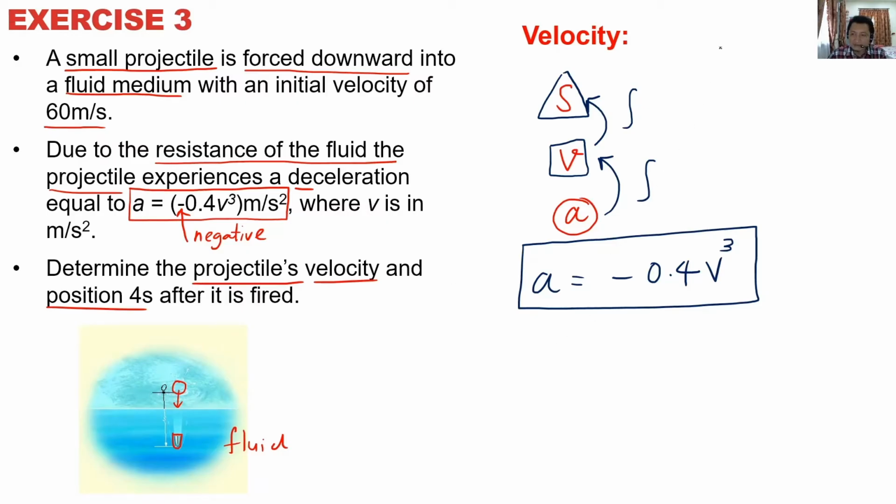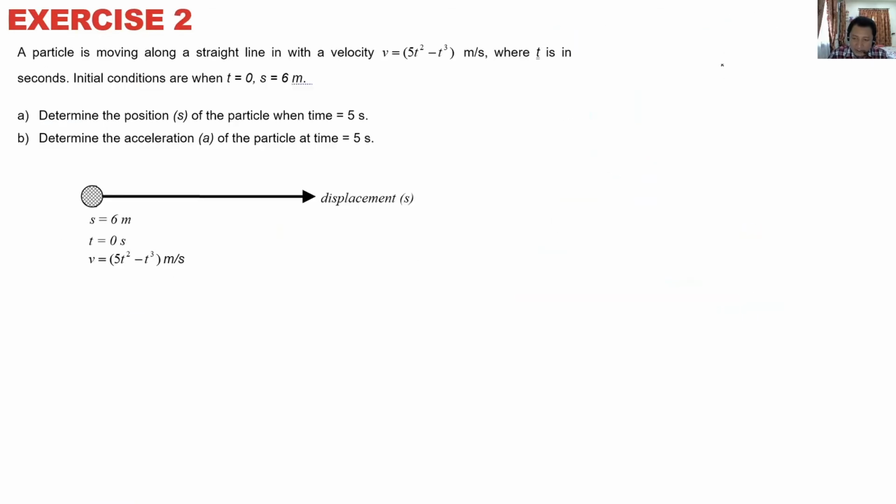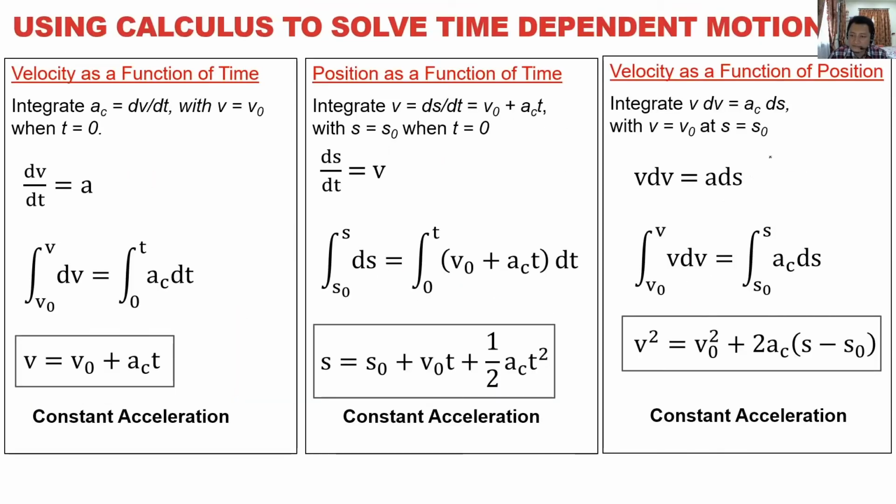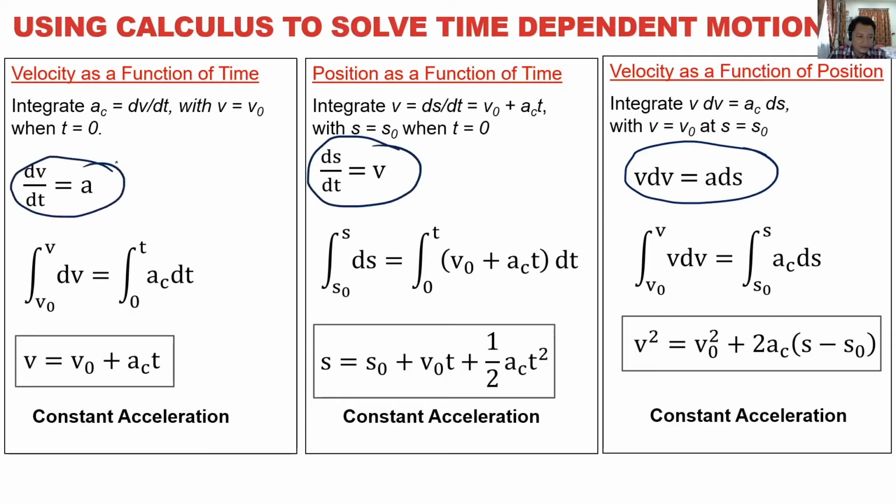So what is A equal to? When you have things like this, A is now a function of velocity. So when something like this happens, probably you can use the previous equations. There are 3 options for you to choose from. This one is a function of time, this one is a function of time, this one you have dv and also ds.